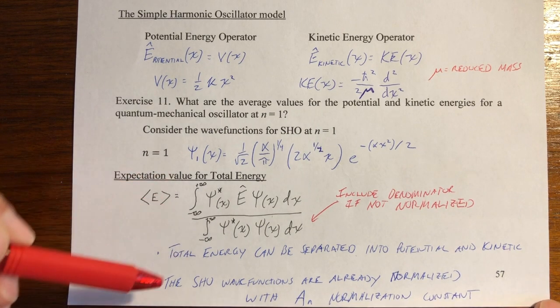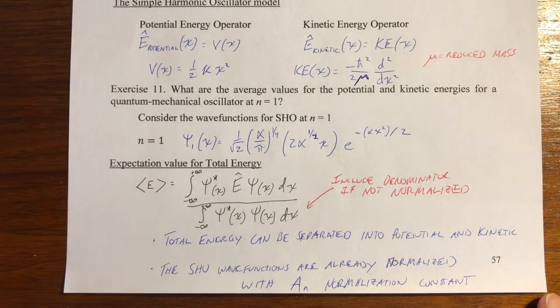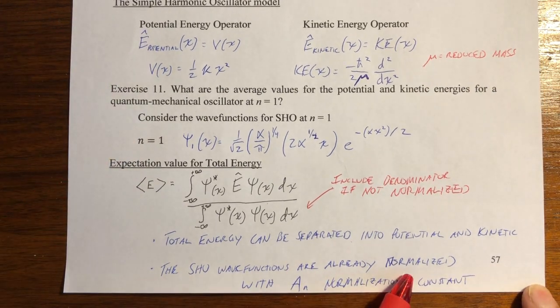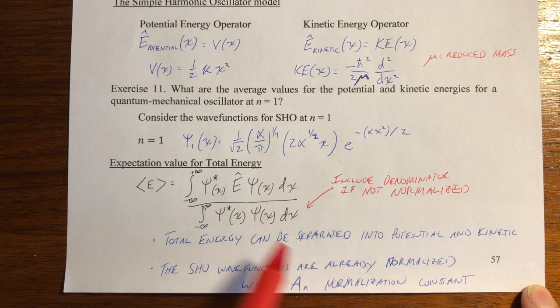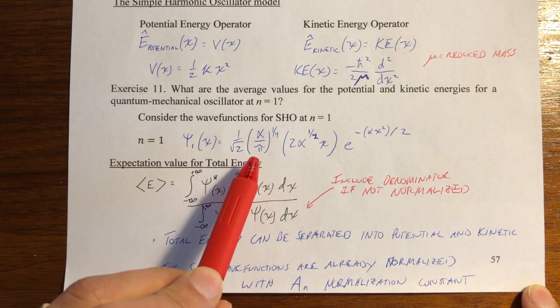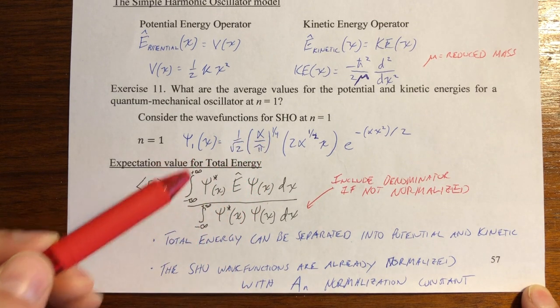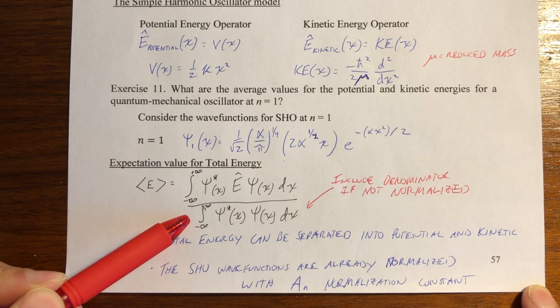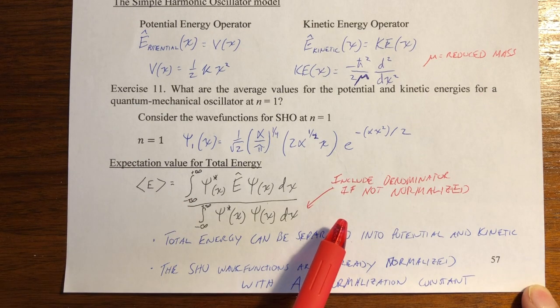Now, the simple harmonic oscillator wave functions, thankfully, are already normalized. We did that by including the a sub n normalization constant into our equation for the wave function. So these are already normalized, so we do not need to deal with the denominator.